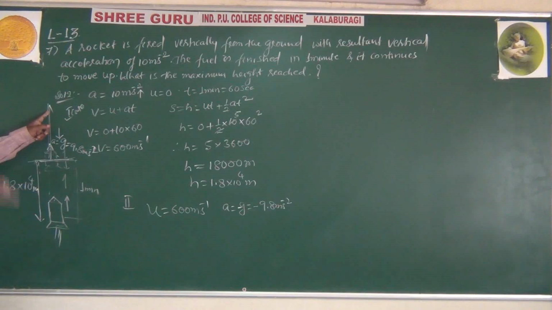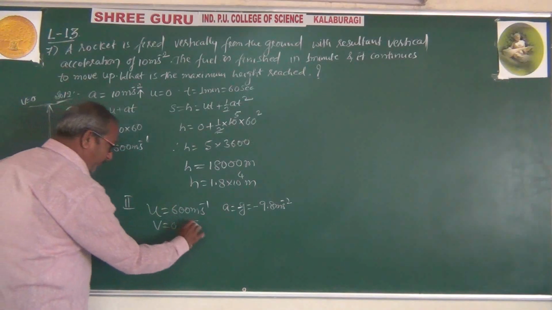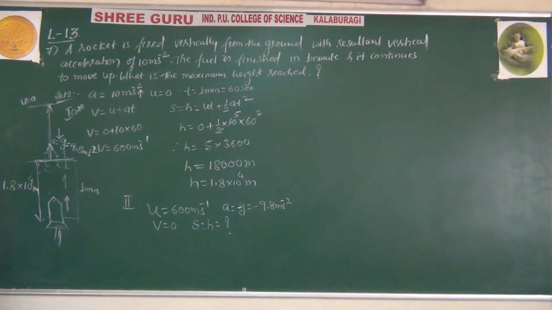As it moves up, its speed decreases, and finally it comes to rest. After reaching the highest point, its final velocity becomes 0, that means v becomes 0. Then we have to find s equal to h equal to how much. How much time it takes, we don't know. Time is not there, but we have the initial velocity, the final velocity, and the acceleration of the rocket, which is under the external gravity, downward.